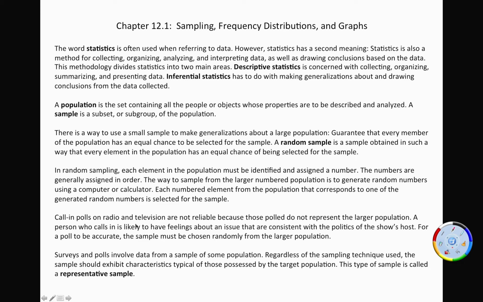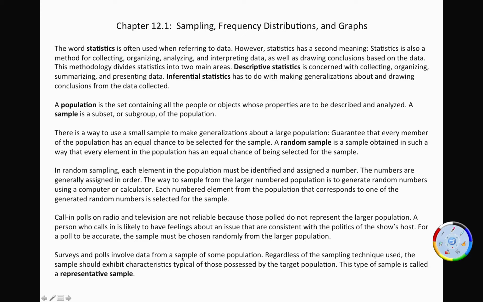Call-in polls on radio and television are not reliable because those polled do not represent the larger population. A person who calls in is likely to have feelings about an issue that are consistent with the politics of the show's host. For a poll to be accurate, the sample must be chosen randomly from the larger population.